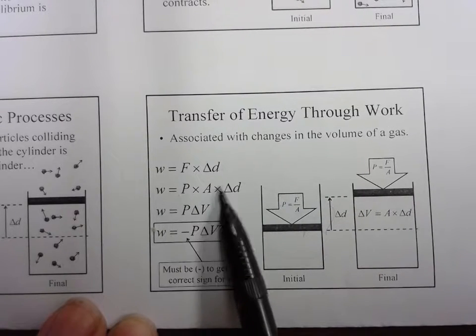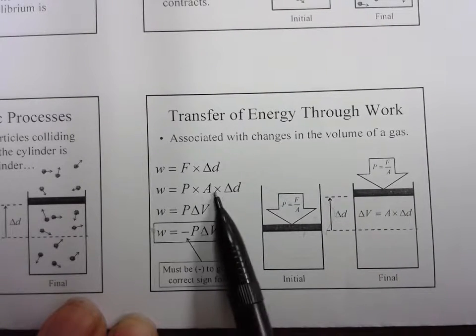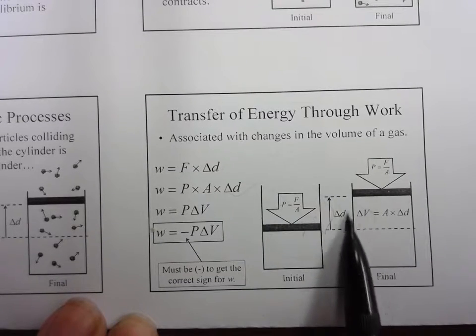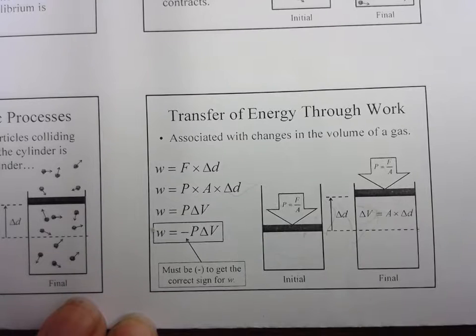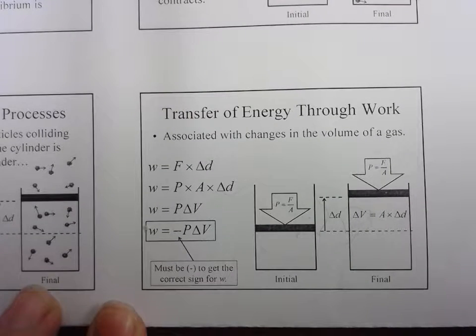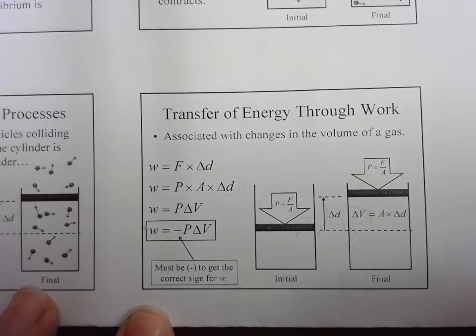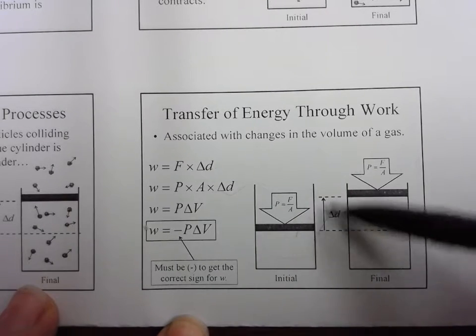Work then is equal to pressure times area times your change in distance. However, volume is equal to your area times your distance.